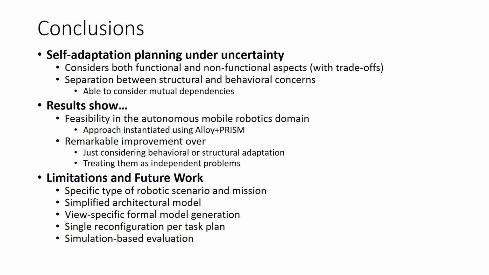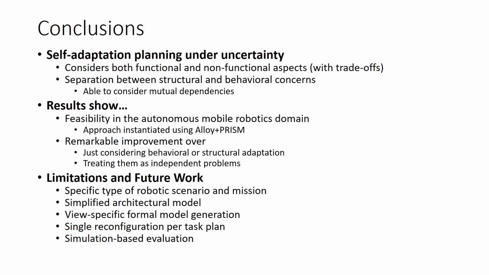With respect to limitations, our approach has been instantiated on a specific type of robotics scenario and mission. We plan to broaden the scope of our study to other types of robotic mission types and scenarios. We have evaluated our approach on an architectural model that abstracts away parts of the robot's architecture.